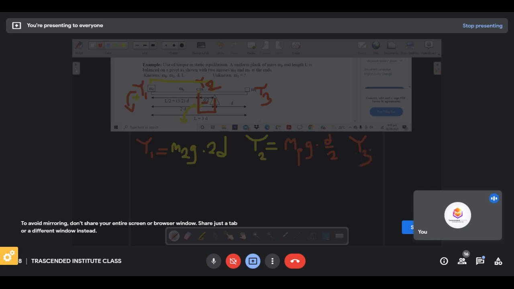Then the third torque. What's the mass? M1. Okay. Then the distance? D, right? Now is it negative or positive? Negative.